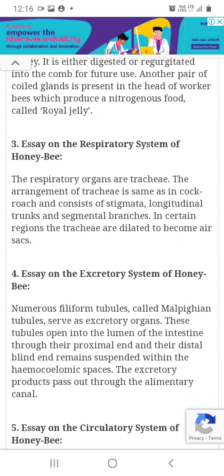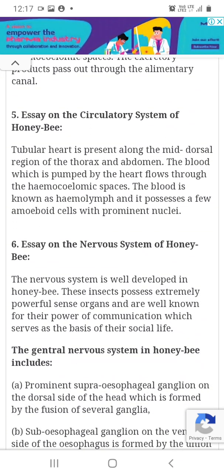Through the proximal end, they deliver the nitrogenous waste in the form of uric acid into the hindgut, while the distal end remains free floating in the hemocoelic spaces. The excretory product passes out through the alimentary canal along with the other undigested food.